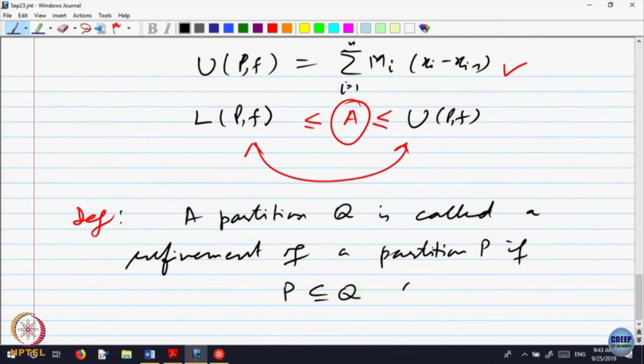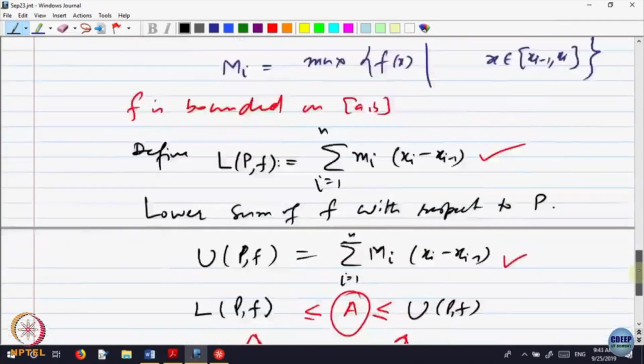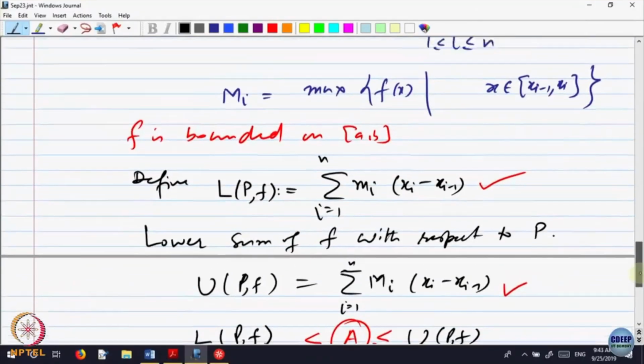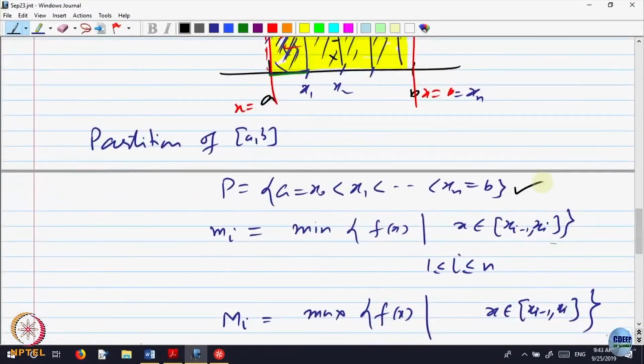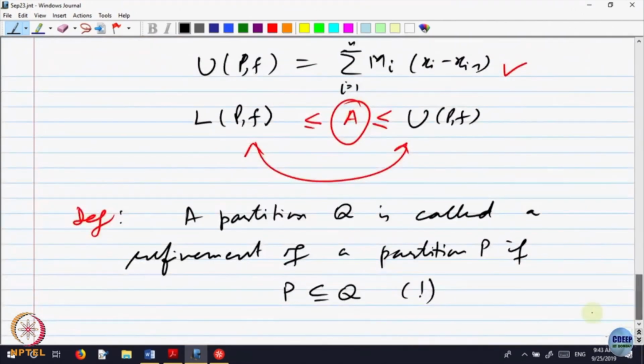So what does that mean? We have written P as a set, the partition, right? In set theory we don't write a set like this actually, but we just denote P as a partition to indicate properties of the points. So P and Q are two partitions. What does it mean that Q is a refinement of P?